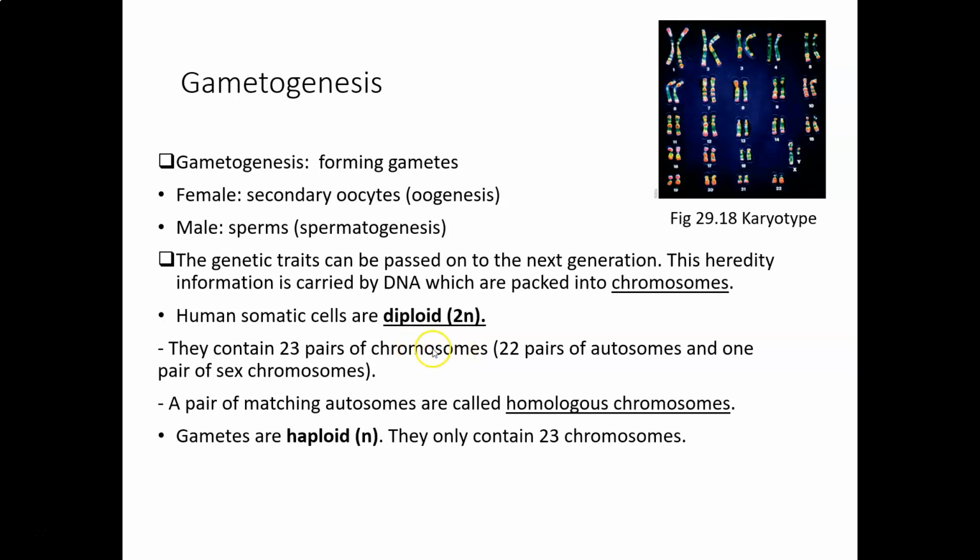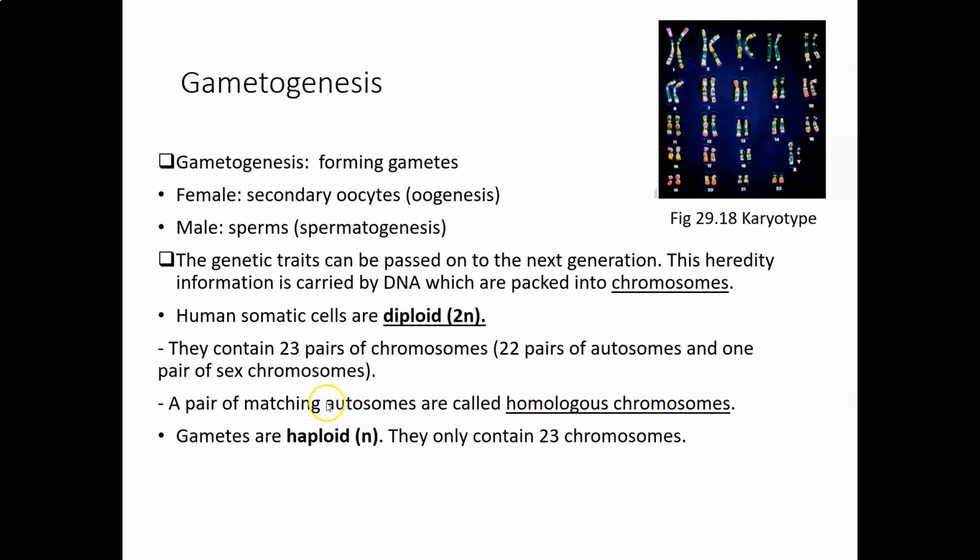Of those, 22 pairs are called autosomes, and one pair is the sex chromosomes, X and Y. For each pair, like the two copies of chromosome 21, they are called homologous chromosomes.